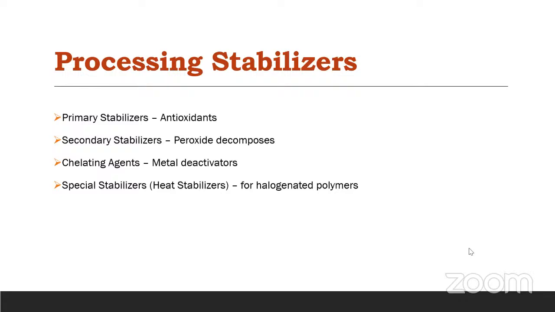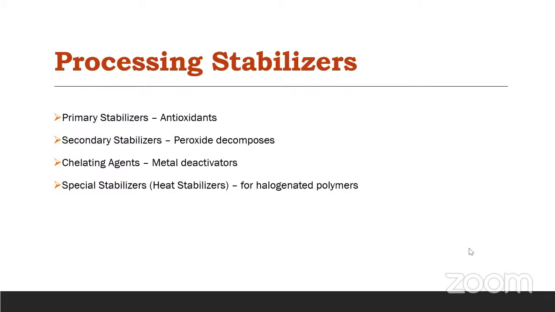These metal ions which come as a residue from the synthesis reactions can accelerate the degradation of your polymer, so chelating agents are used. These chelating agents bind to these metals, and after binding, they neutralize the harmful effects of these metals. These are metal deactivators.